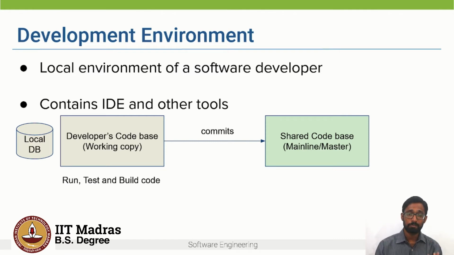Once a developer commits his or her code, they also need to check whether their working copy does not clash or have any conflicts with the code base of other developers. And if there are some clashes or conflicts, then these have to be fixed.